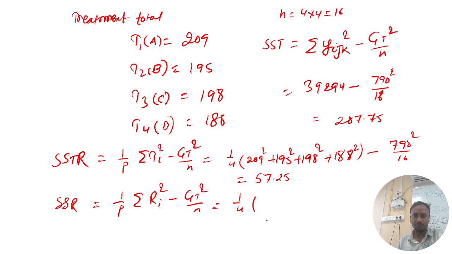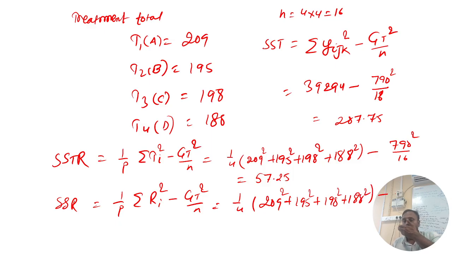What about SS row? 1 by P summation of RI square minus GT square by N. So 1 by 4 times 209 square plus 195 square plus 198 square plus 188 square minus 790 square by 16. Some value will come.